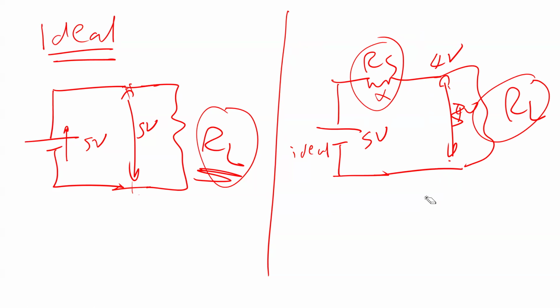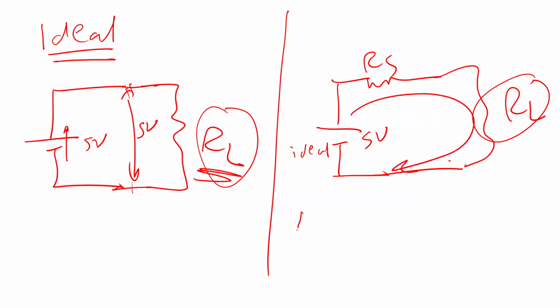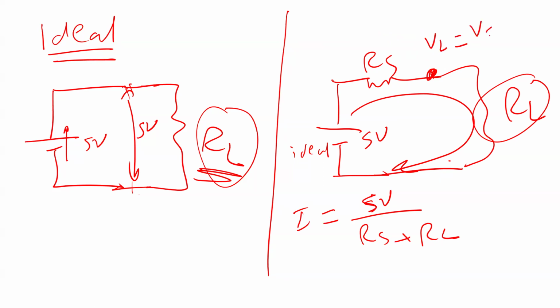Okay, so what is the current here? The current I should equal 5 volts divided by the two resistors, RS plus RL. This is the current flowing here. And this way, you can say the voltage VL you are going to receive should be VS, the 5 volts here, minus I RS, the drop on this one.